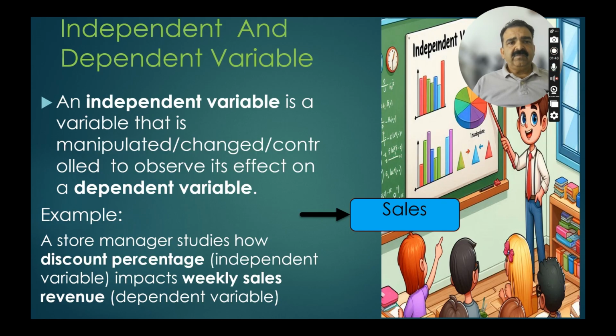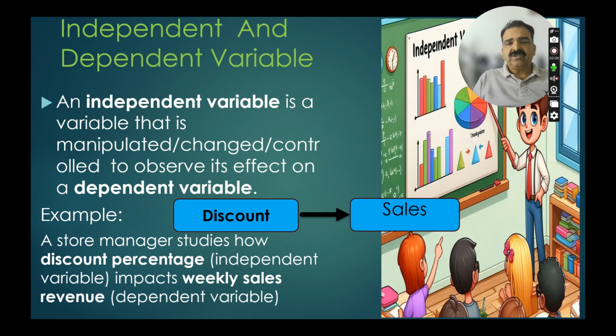Now, first of all, an independent variable is a variable that is manipulated, and we see its impact on the dependent variable, like in this example, discount and sales.